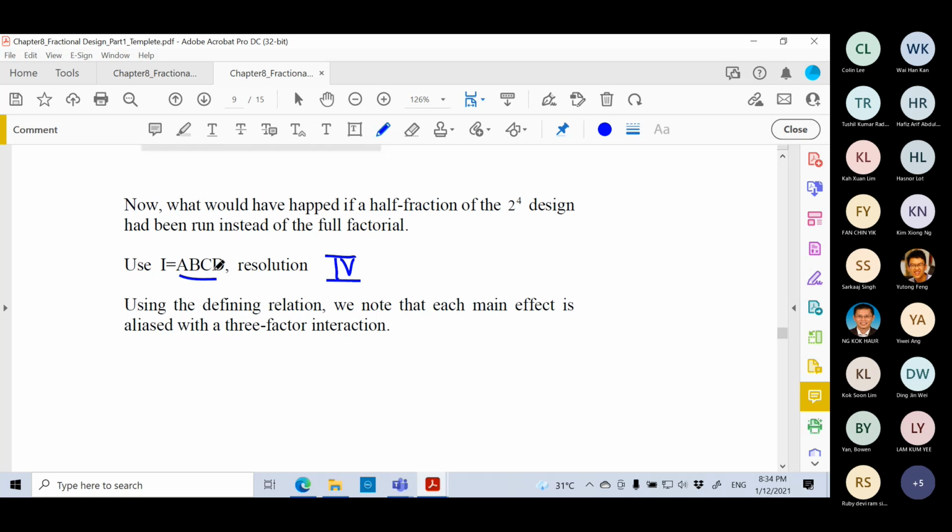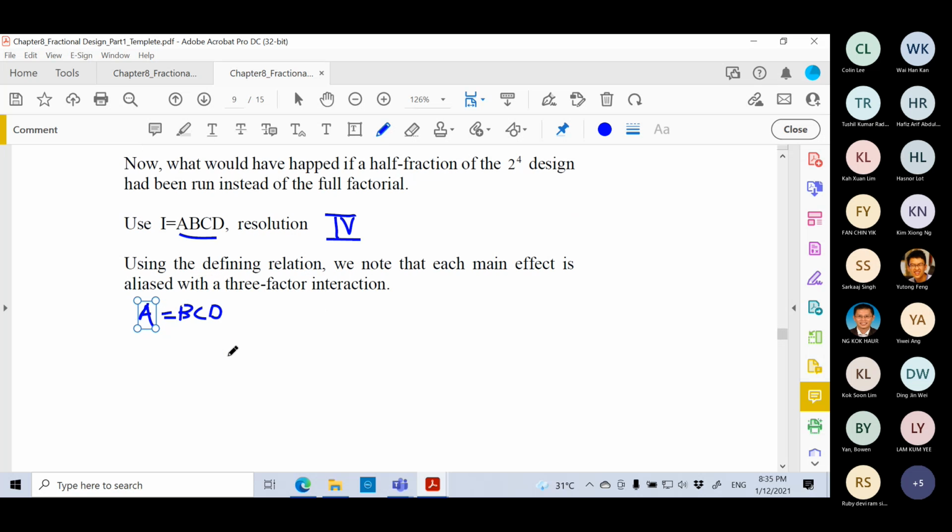For example, for factor A, you multiply A on both sides and you get BCD. So A is aliased with BCD. Then you multiply B: I equals ABCD, multiplied by B, B squared is 1, therefore you have ACD.